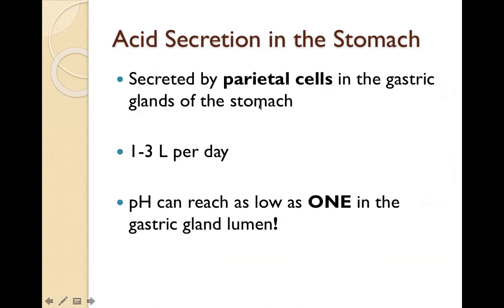They make between 1 and 3 liters a day, depending on the activity within the stomach. Interestingly enough, the pH could get very low. It's around 2 in the majority of areas within the stomach, but it can get as low as 1 in the deep valleys of the gastric glands. So that's a pretty acidic pH.